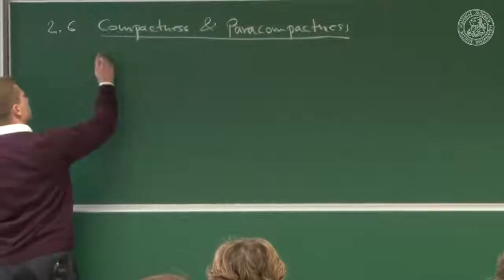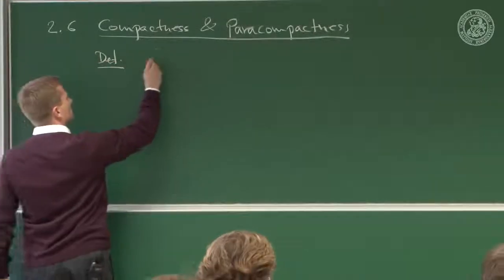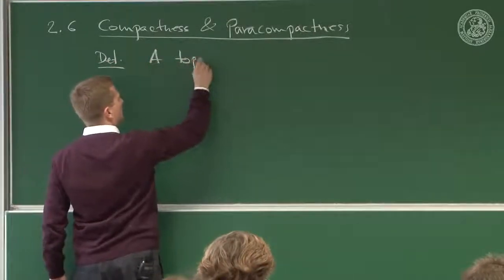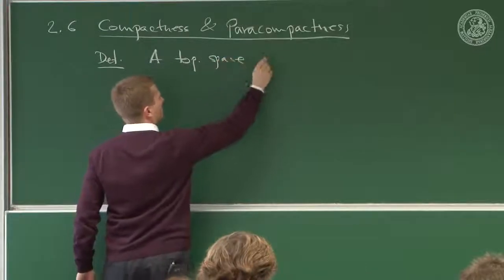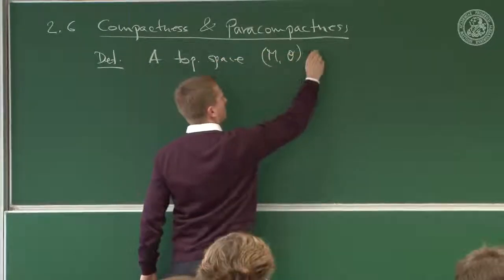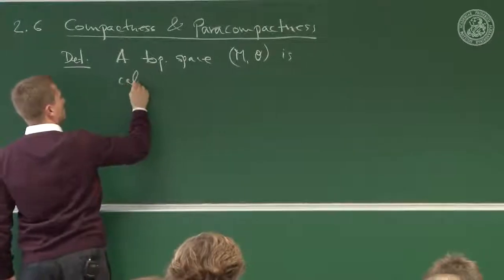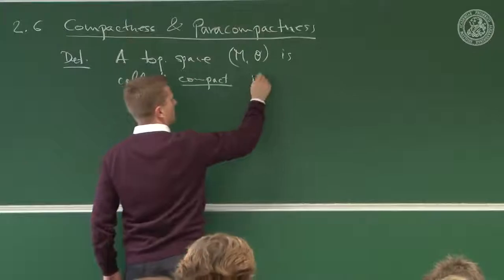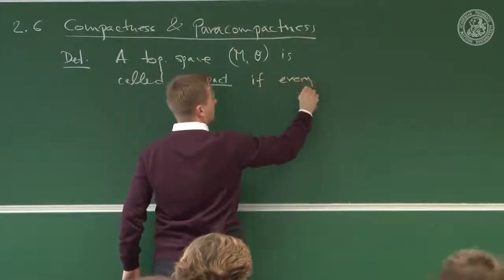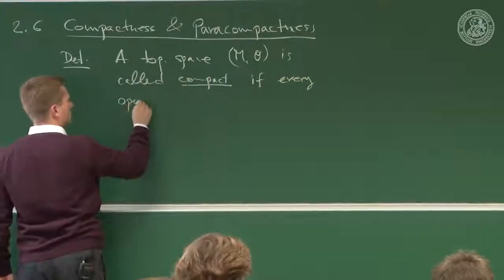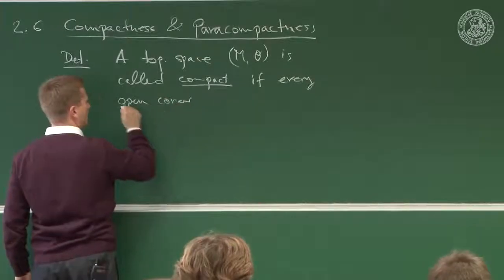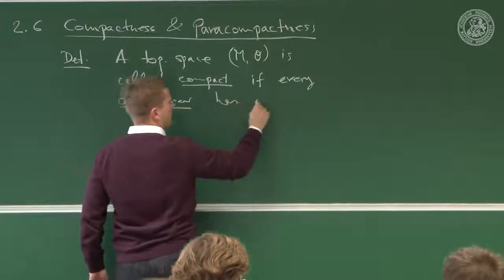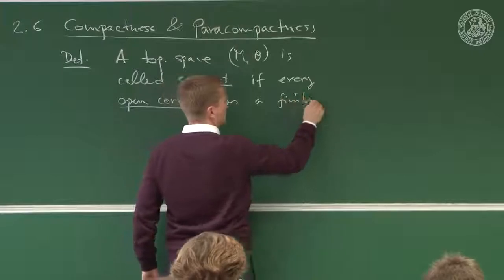But let's first start with the definition of compactness. A topological space (M, O) is called compact if every open cover has a finite subcover.